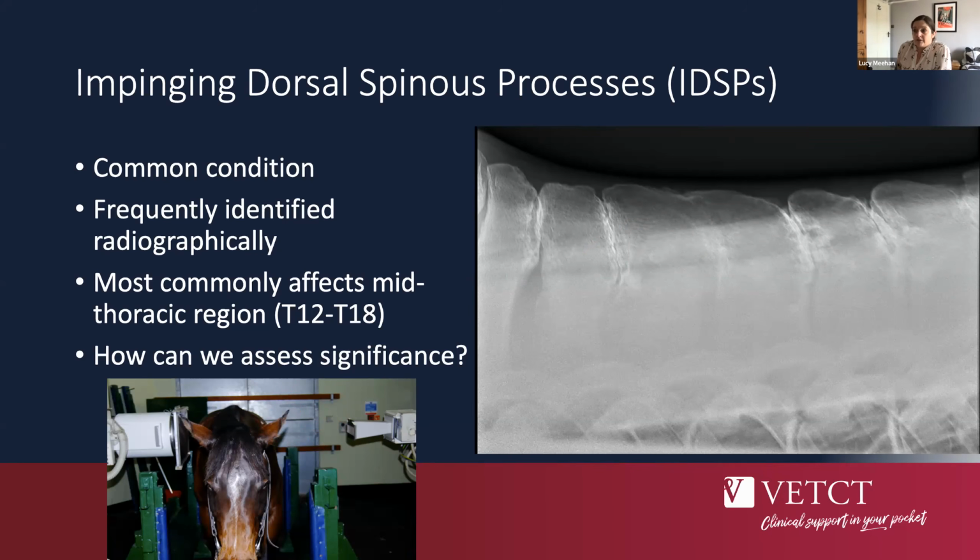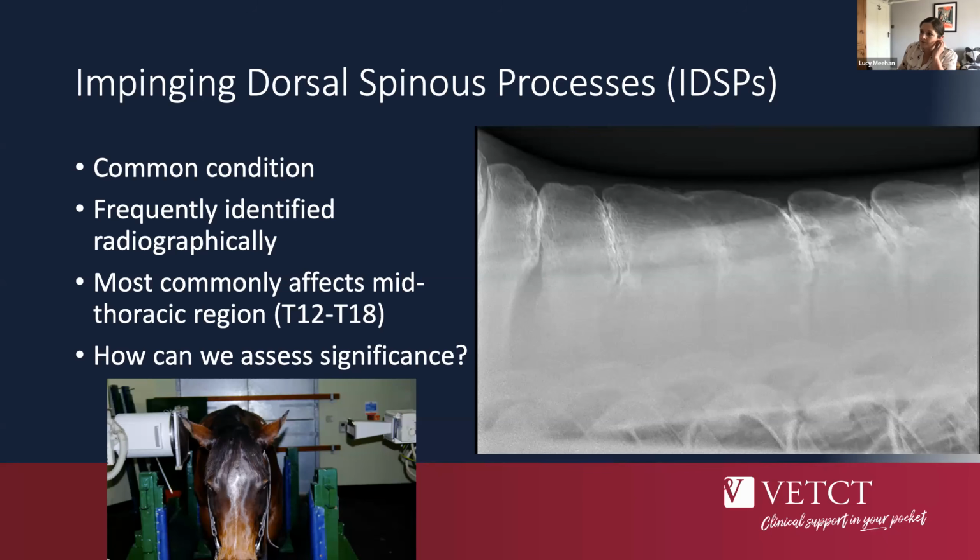It is most commonly the thoracic region that's affected, so some sources say between T12 and T18, some sources say T14 to L2, but usually it's that sort of mid to caudal section of the back. There is some evidence that we see impinging dorsal spinous processes in clinically normal horses.